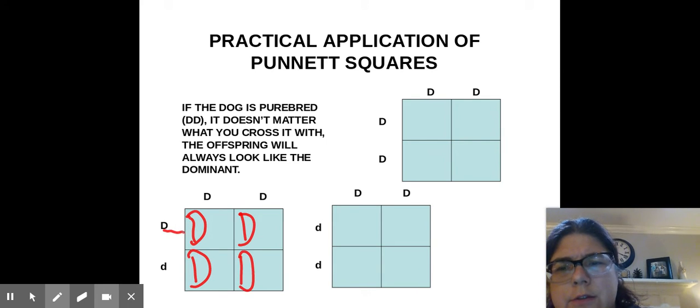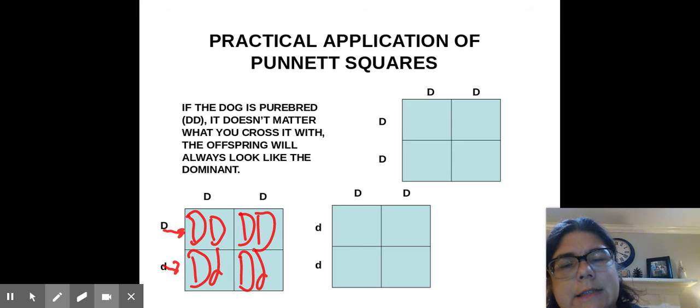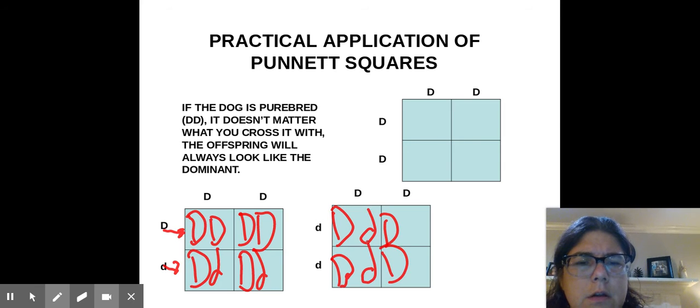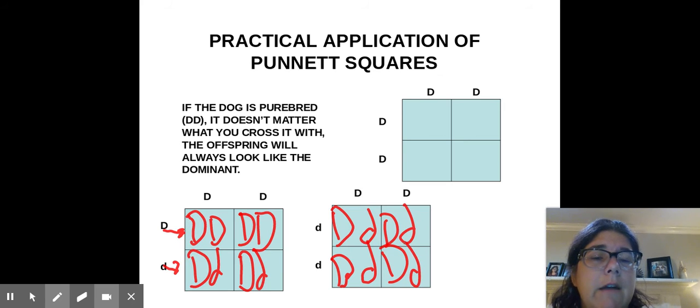Now I'm going to drag this one over, and this one over here. Notice they all have a big D in it though, so they're all going to be tall. And the same thing here, going down, and in this case, going across. They all have a big D too, so we can't tell. If it's purebred, it doesn't matter what we cross it with, it's always going to be tall.